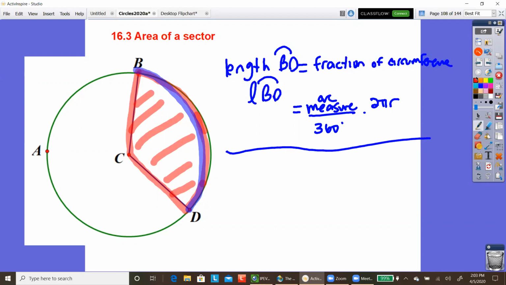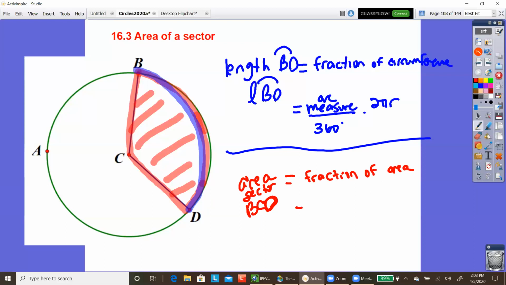Well, to get the area of a sector, it would be the same thing, only it's not a fraction of the outside. By the way, let's call this sector BCD. Some people think of it as a fraction. It is a fraction. I still want you to consider it that way, but it's a fraction of the inside.